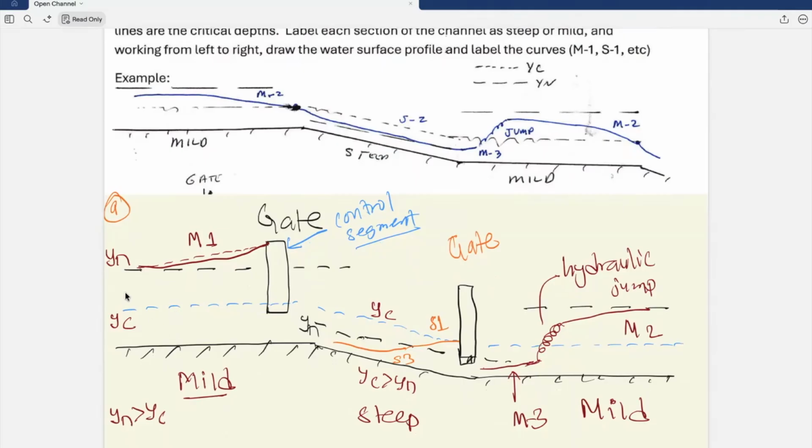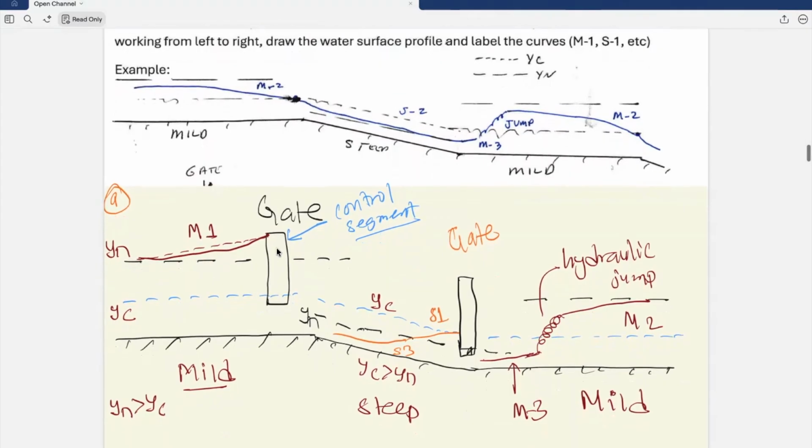So in this channel, yn is greater than yc. Here gate 1 is a downstream obstruction that backs water up above both yn and yc, which is considered zone 1, M1. This slight curve is also known as the backwater curve, so depth increases as water approaches the gate.